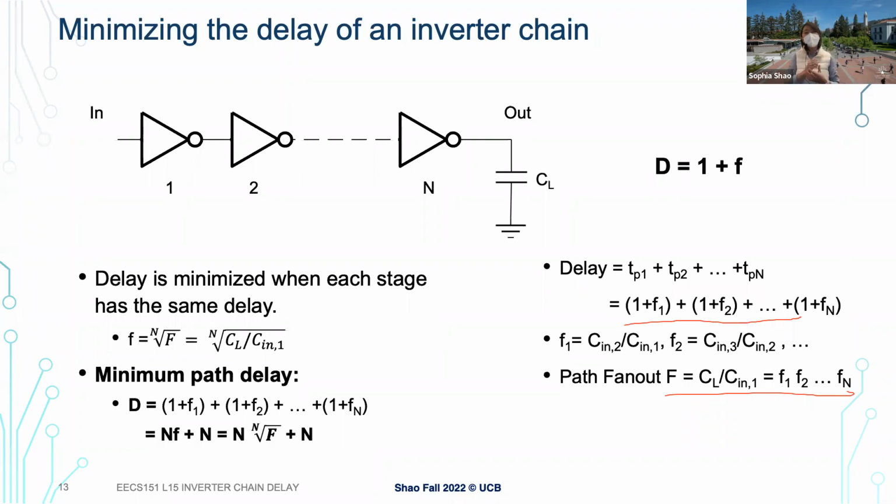Especially, I really like this analogy when we think about delay. Basically, delay is minimized when each stage has the same delay. So let's say we have a fixed number of stages and we want to minimize delay. Instead of either doing a lot of things at the very beginning and then procrastinating towards the end, or procrastinating at the very beginning and then trying to do everything at the last minute, both of them are not optimal.